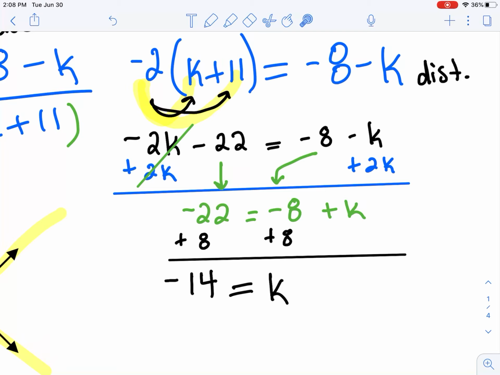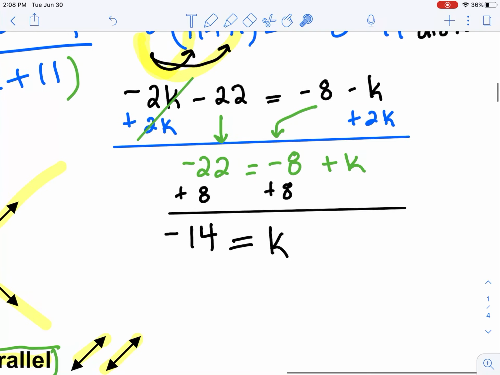The next thing we're going to do is eliminate the variables. So I'm getting rid of the positive 2k, and what I do to one side I have to do to the other. So those cancel out. I bring down the -22, which is equal to the -8. Negative k plus 2k leaves me with a positive 1k. And so now all I'm going to do is move the constants to the left.